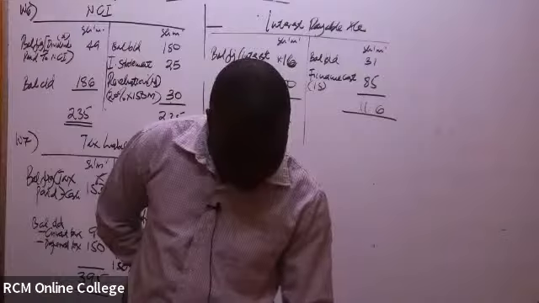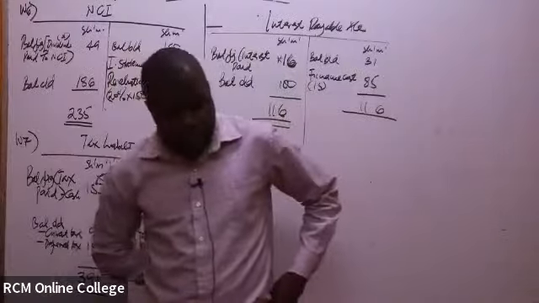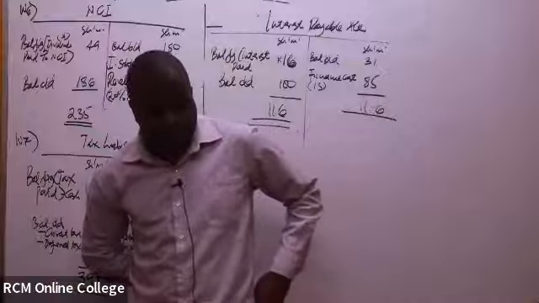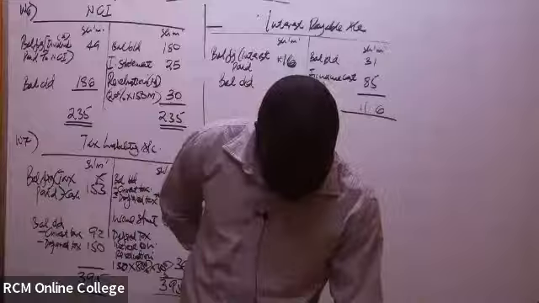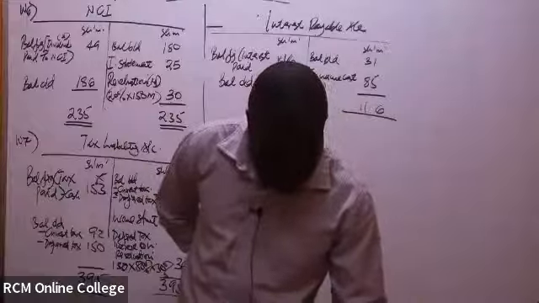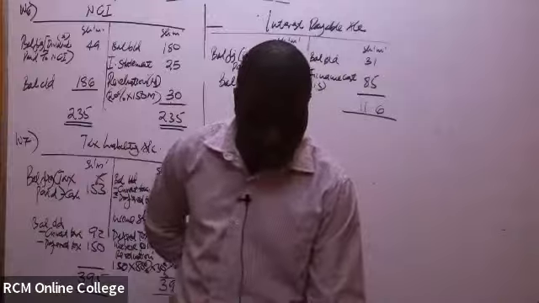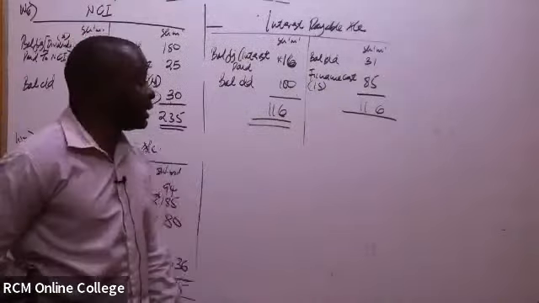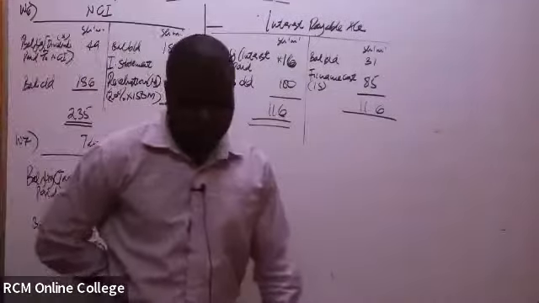So if you look at the statement of changes in equity, just look at the statement of changes in equity. There's an item of dividend paid of 80. I don't know whether you can see there.